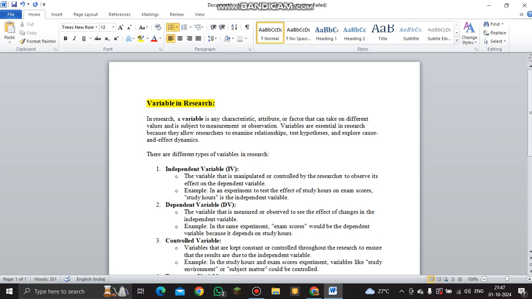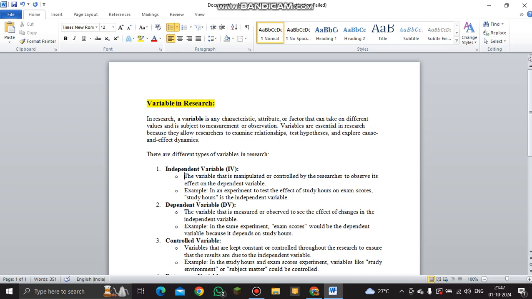An independent variable is a variable which is not dependent on anyone, any place, person or characteristic. Right friends? So this type of variable is very free, and it is manipulated or controlled by the researcher to observe its effect on the dependent variable.